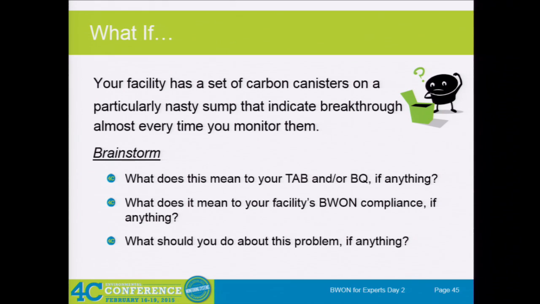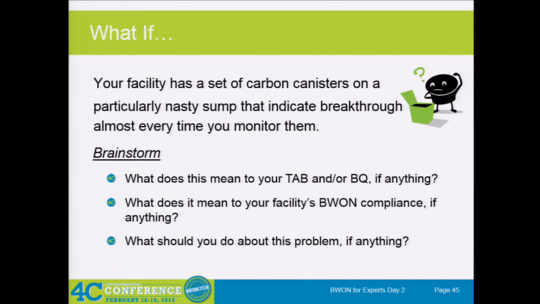More than likely, for some reason or other, maybe your carbon system is no longer designed properly. And have you increased your monitoring to 20% of design breakthrough? If you're breaking through every time, that means more than likely you need to increase the frequency of monitoring.